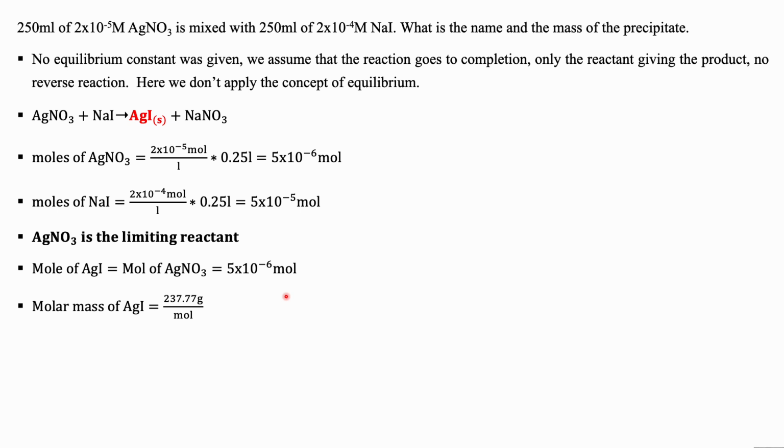Of course, this molar mass, you get it from the periodic table by adding the molar mass of the silver plus the molar mass of the iodine. Then by taking the molar mass, which is the mass of 1 mole, and multiplying with the number of moles, we get the mass. So here we will get 1.19 milligram as the mass of the precipitate.